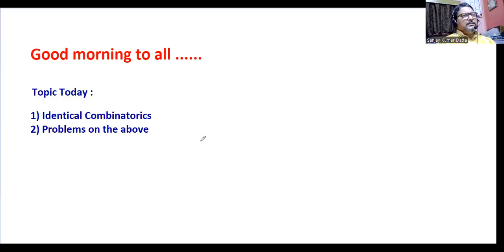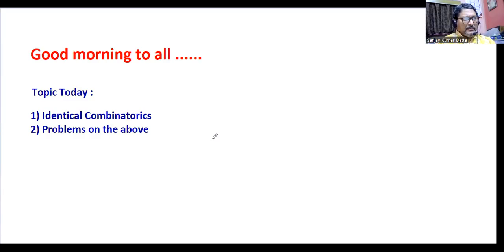Now, identical combination is that topic of combination wherein the items from which we select are identical. I hope you remember what combination is. nCr is the symbol.